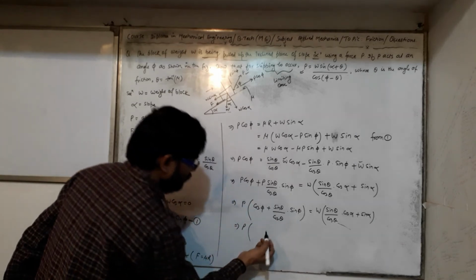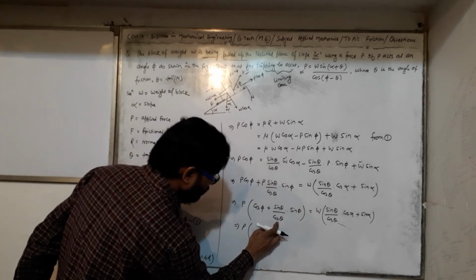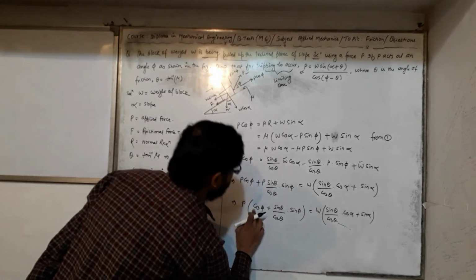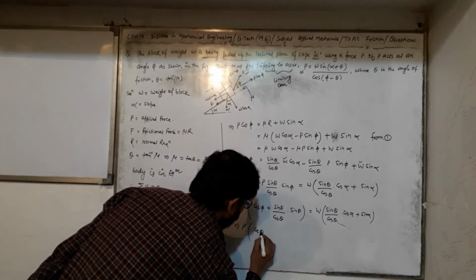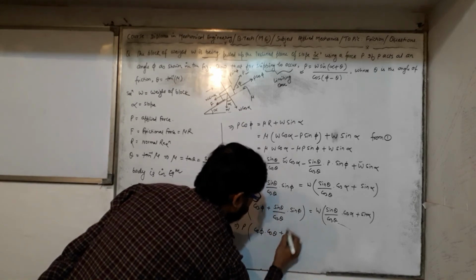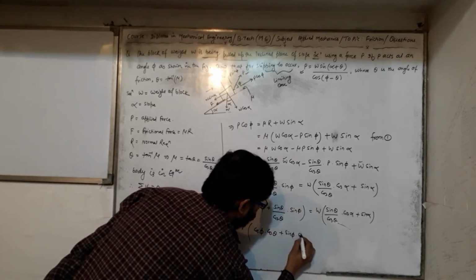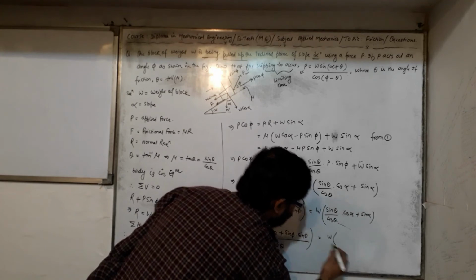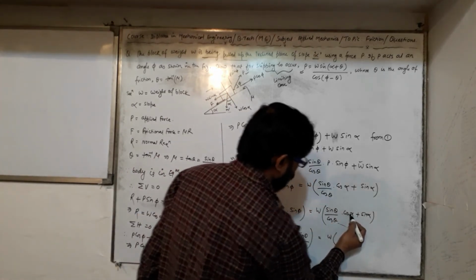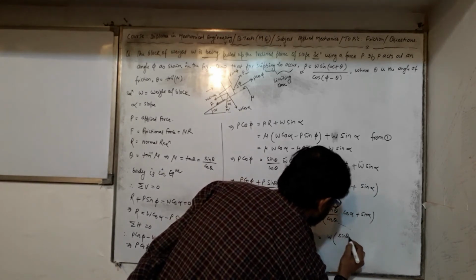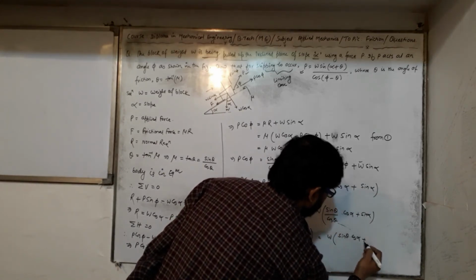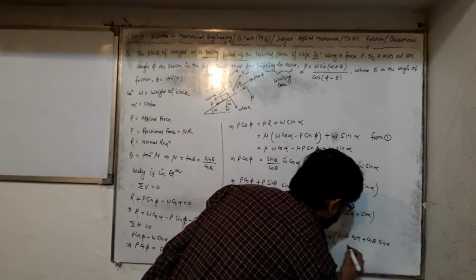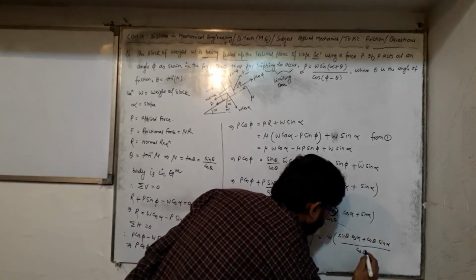Okay, so P times, if I am taking cos theta as the LCM, cos phi into cos theta plus sin phi into sin theta, whole divided by cos theta, equals W times sin theta into cos alpha plus cos theta into sin alpha, whole divided by cos theta.